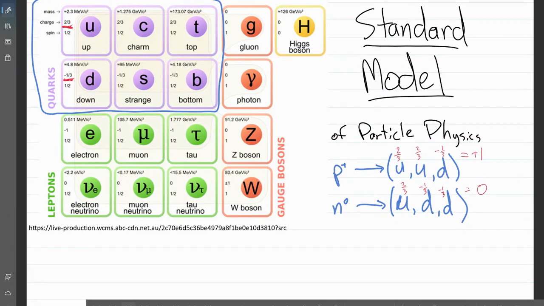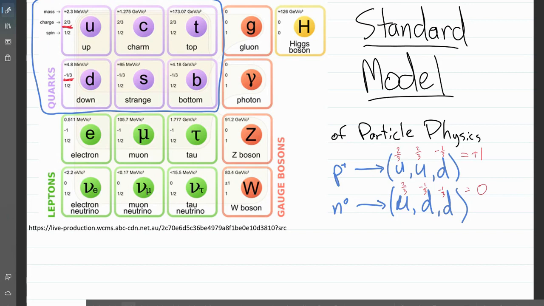Okay, so we've got the charge, we won't worry about the spin, or the mass, really. We'll get to the mass being important at later times. But for these protons and neutrons, up, up, down, and then up, down, down, it makes a proton and neutron. All that to say, you don't have to remember that a proton is an up quark and a down quark, or vice versa for a neutron.